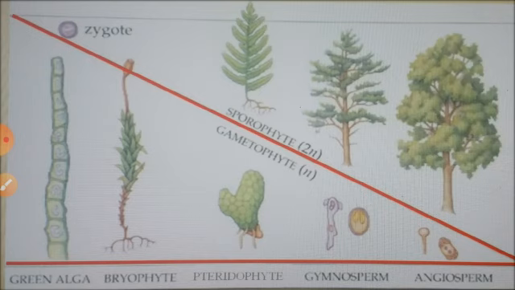Actually, during the course of evolution in plants, the diploid sporophytic phase became dominant, whereas the haploid gametophytic phase got reduced. In this picture, you can see that in lower plant groups such as algae and bryophytes, the haploid gametophyte is the main plant body.